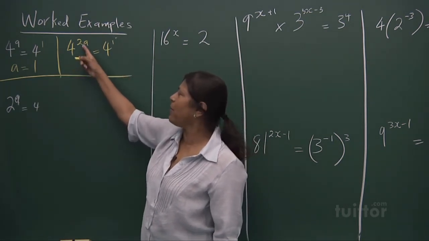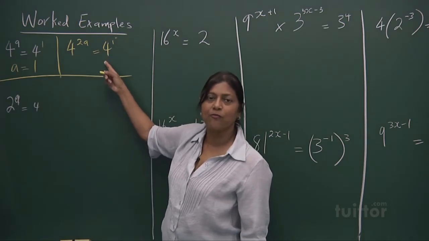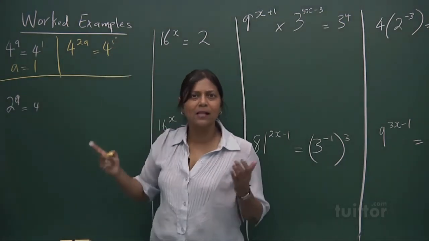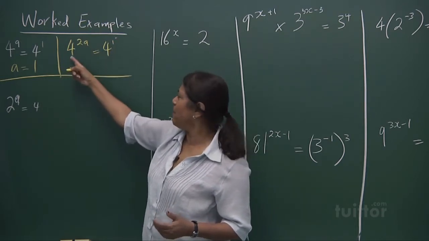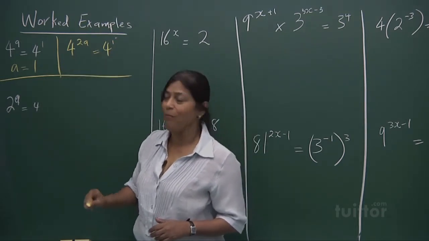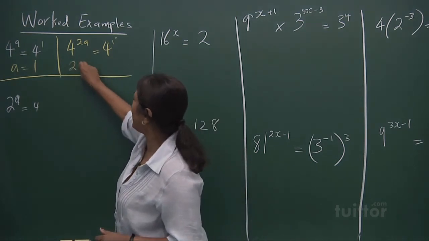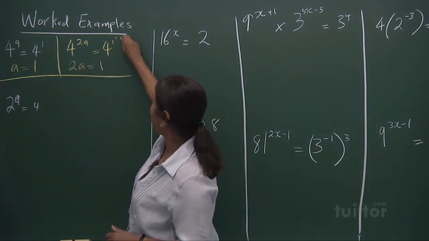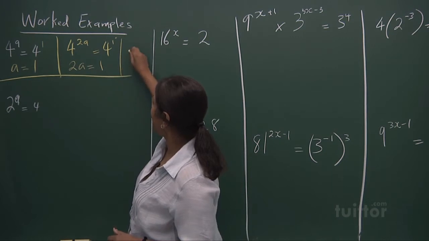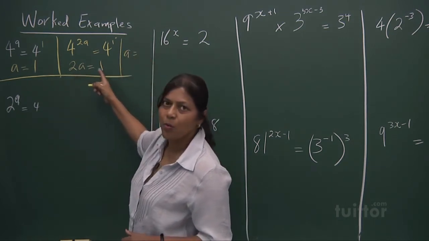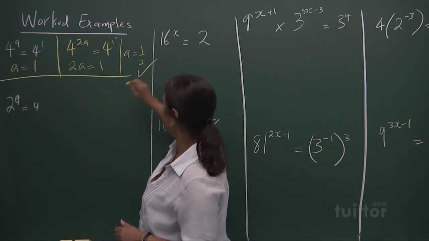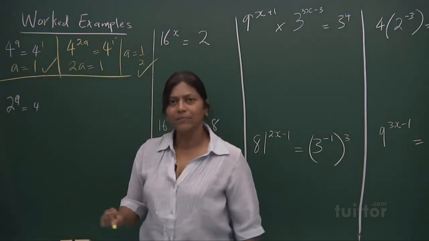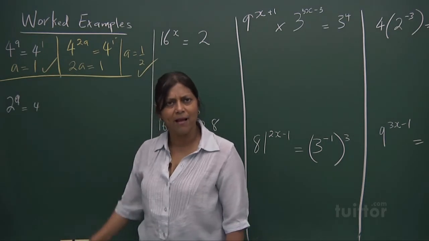So 4 to the power of 2A equal to 4 to the power of 1 tells us that 2A is 1 because they are both 4 and 4. So hence 2A is 1, and that means that your A is equal to 1 over 2. Got it? That's your answer. Just look at the next sum.